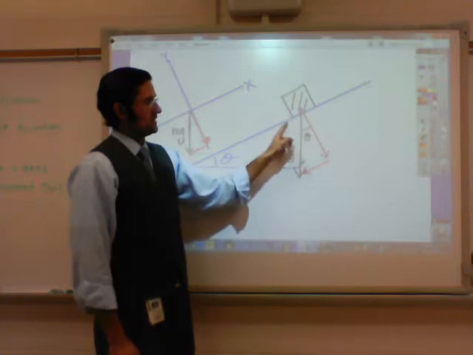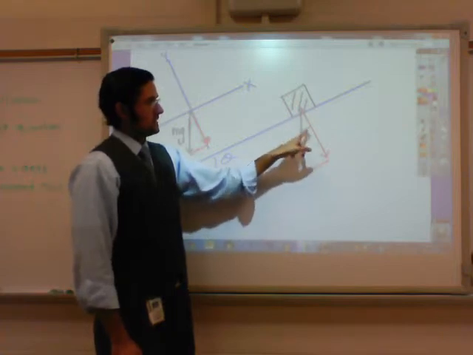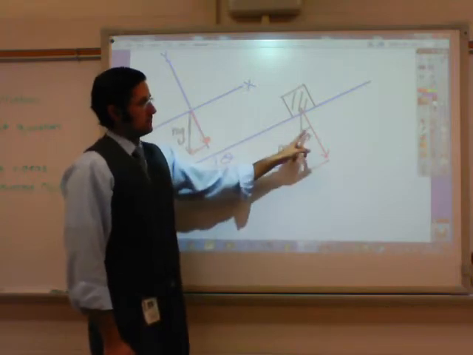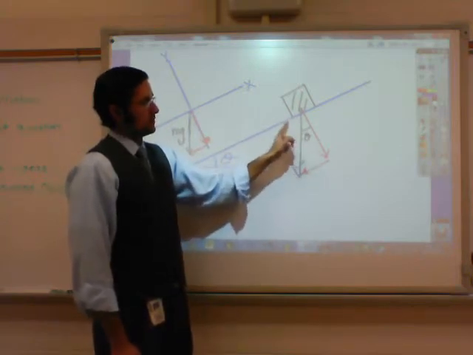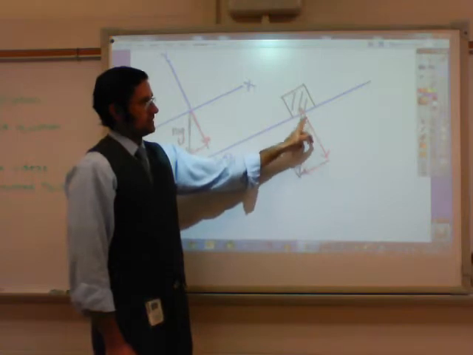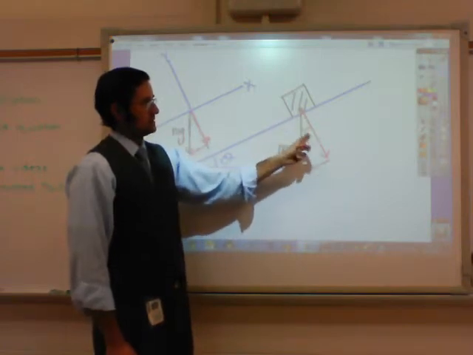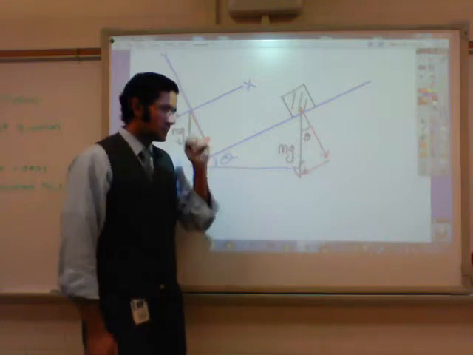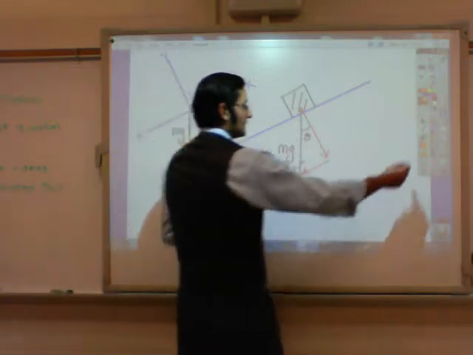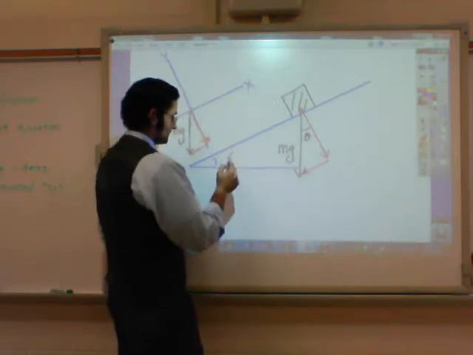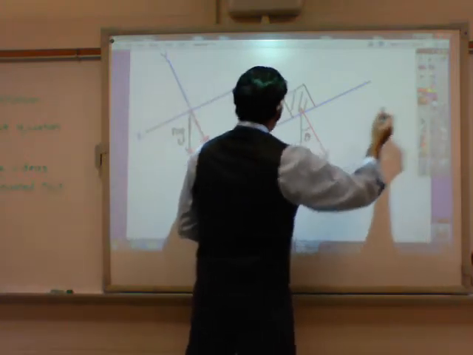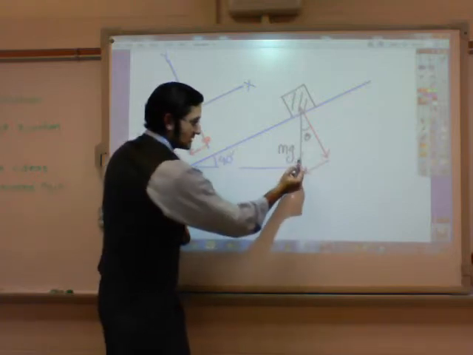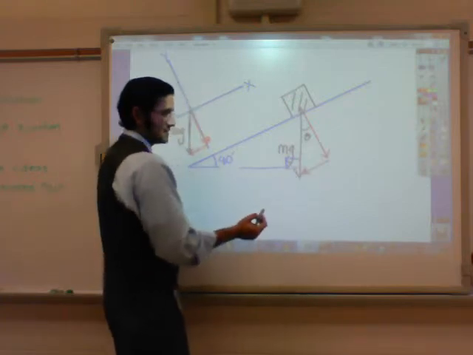If this is 50, then this is 40, same as this angle. If this is 50, this is 40, because remember, the blue and the red make 90 degrees with each other. So if this is 50, this has to be 40. And remember, we started off with 40 over here. I was just giving you an example. I was trying to show you that if this angle is 40 degrees, this angle right here is 90 degrees.